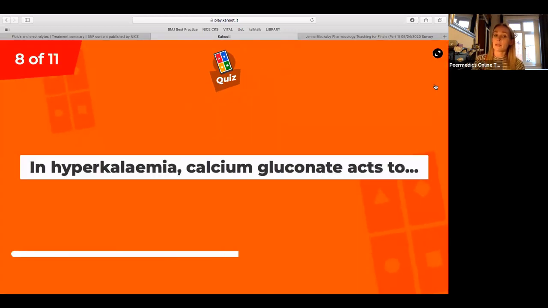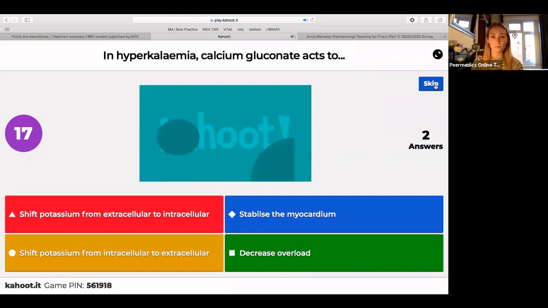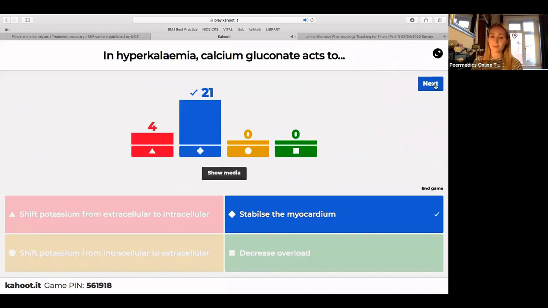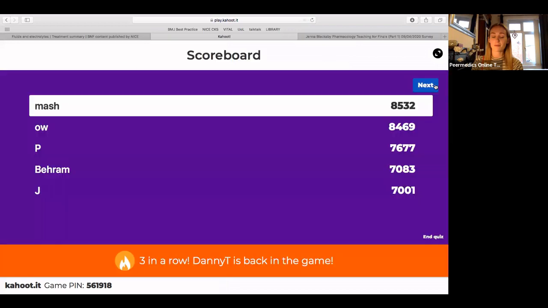So in hyperkalemia, calcium gluconate acts to, yeah, smashed it. So it stabilizes the myocardium.